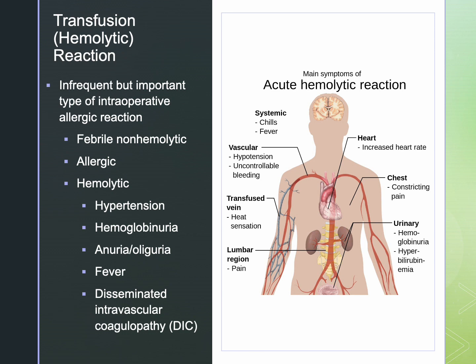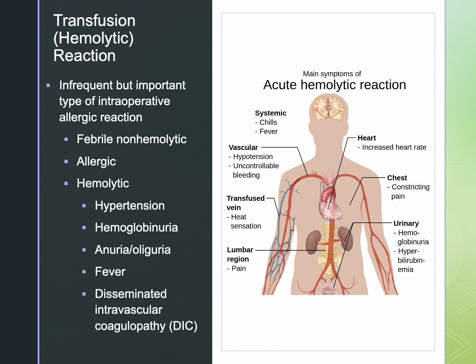Now, hemolytic reactions occur when incompatible blood or blood products are administered to the patient, and this leads to hemolysis. Signs of a hemolytic reaction are going to include hypotension, hemoglobinuria, anuria or oliguria, which means either no urine or a scanty amount of urine, fever, and something called disseminated intravascular coagulopathy, DIC. Now, DIC is a condition in which small blood clots develop throughout the bloodstream, and they're going to end up blocking small blood vessels.